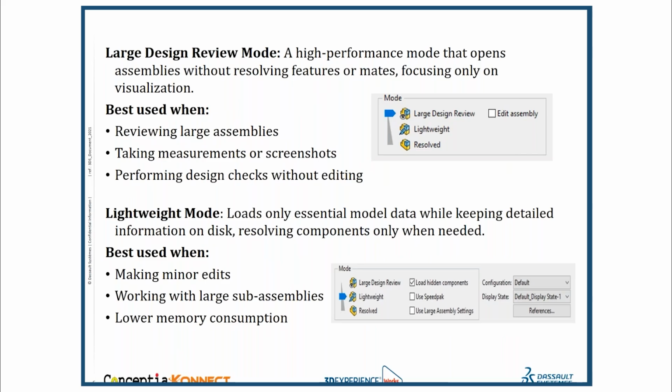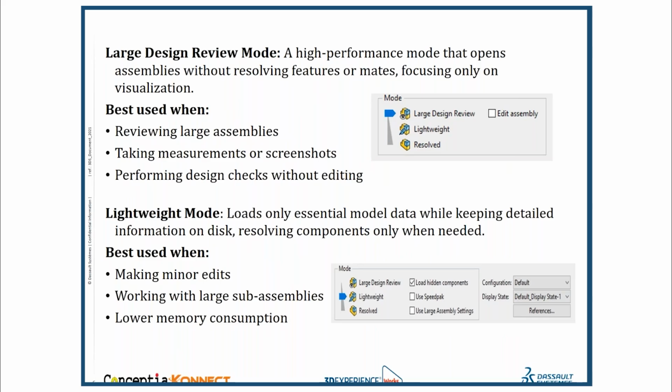Lightweight mode is used when making minor edits, basically when working with large sub-assemblies, because in one large assembly there are many sub-assemblies. When you are making minor edits in the sub-assemblies, you can use lightweight mode. One best thing is it has lower memory consumption, so usually the system won't hang.